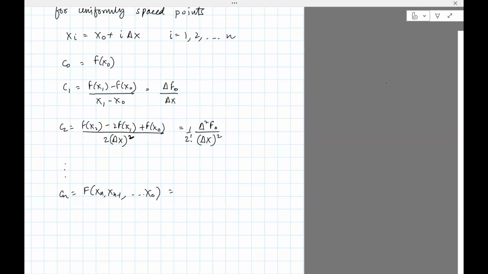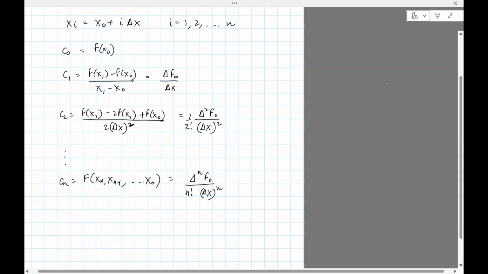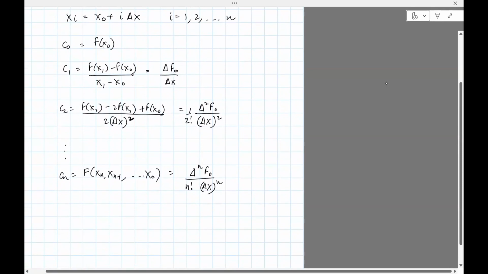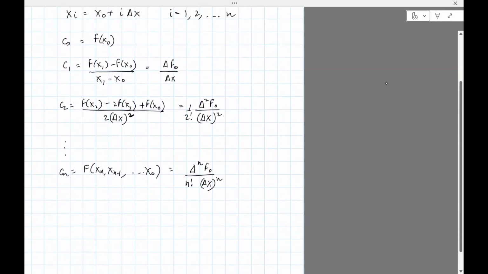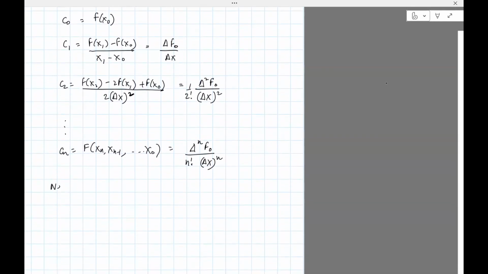This can be shown to simplify to the nth difference divided by n factorial delta x to the n. Okay, so this gives us what is known as the Newton-Gregory forward interpolation formula.